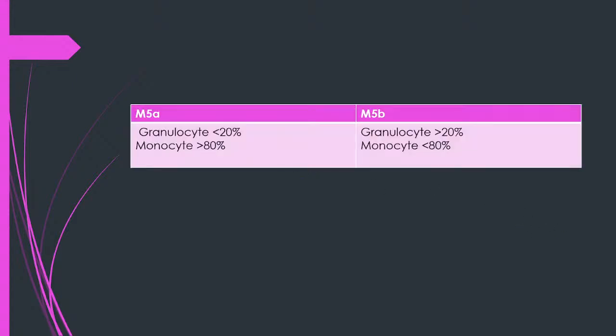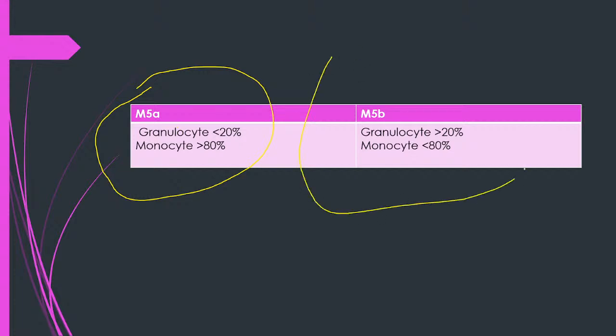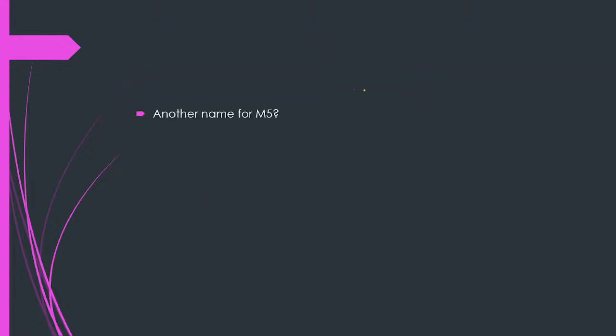So granulocyte precursors would be less than 20 and greater than 80 for M5A, but for M5B it would be the opposite. What I usually teach the students is to just memorize one, and then for the other one just remember that it is the opposite. Okay? So you guys have a lot of things in stock.